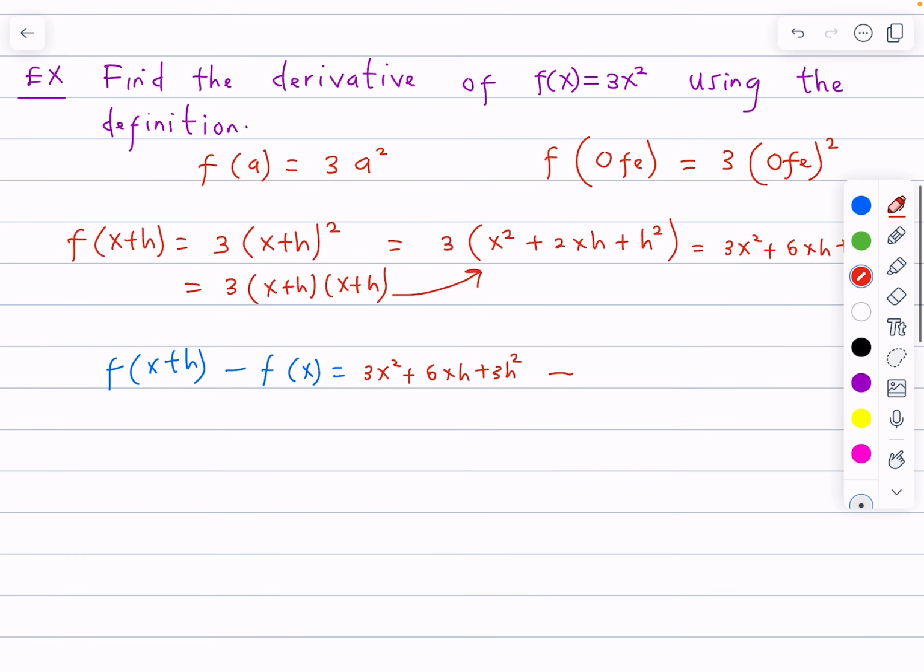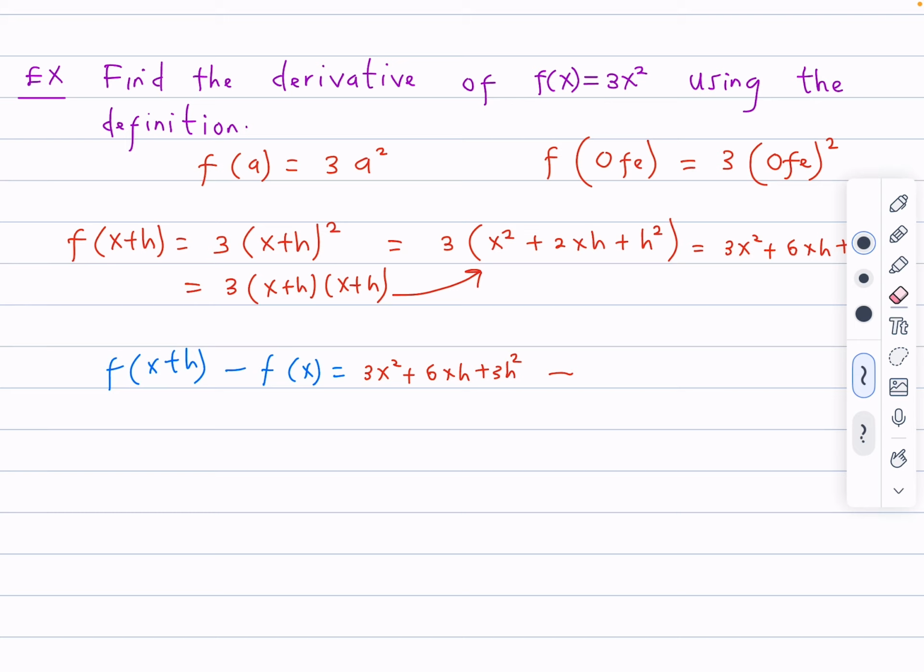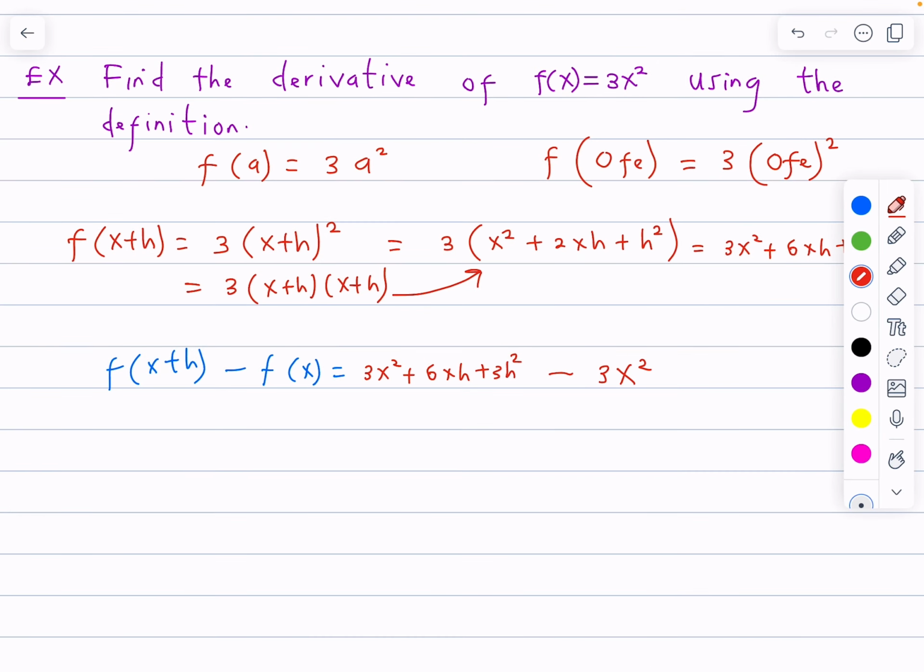What's my f of x? It's given: my f of x is 3x squared. So now if you look at this expression, something can cancel. 3x squared can cancel this 3x squared. So I'm going to be left with 6xh plus 3h squared.